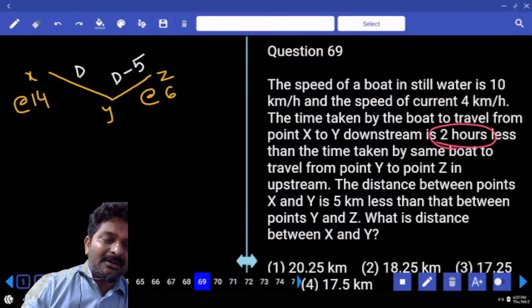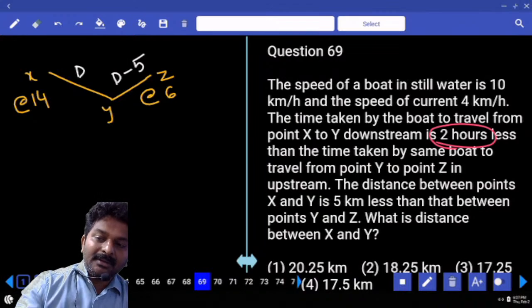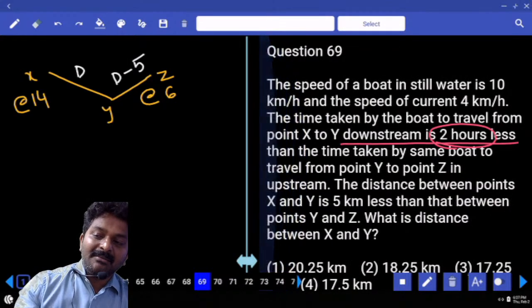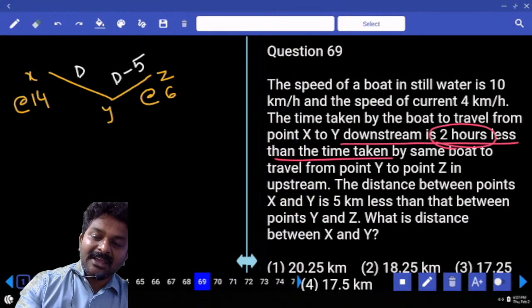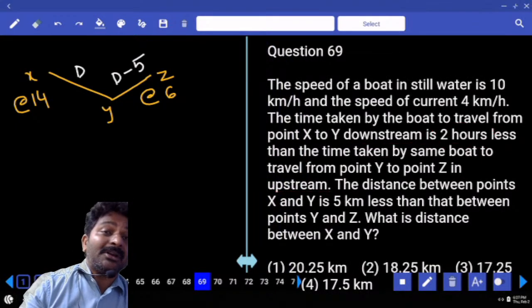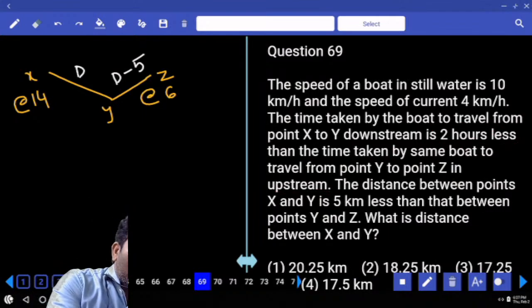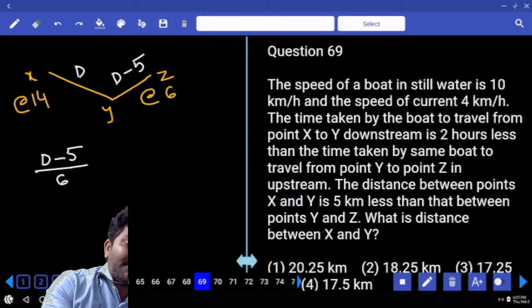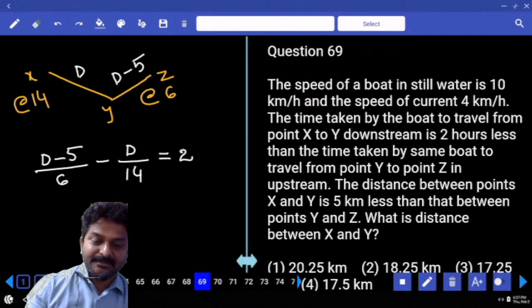Read the statement and conclude. Downstream time is 2 hours less than time taken in upstream. So in which direction it is taking more time? Up. Upstream time is distance by speed. Downstream time is D by 14. And the difference is equal to 2 hours.